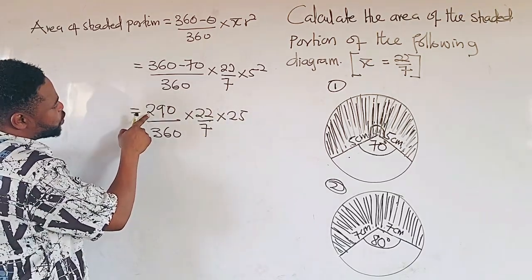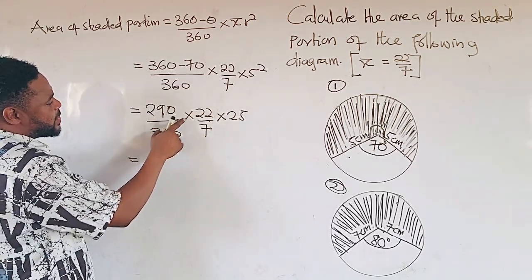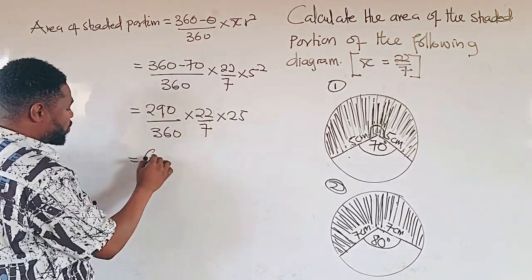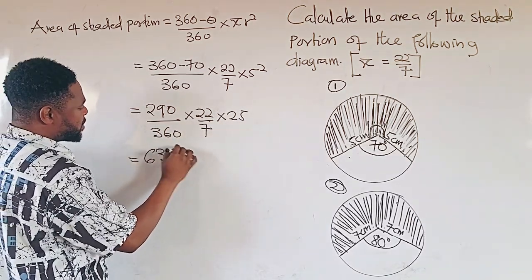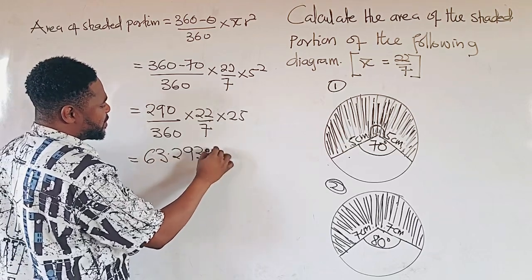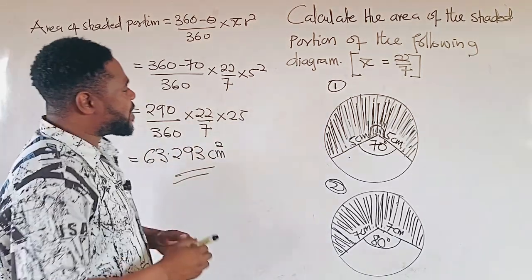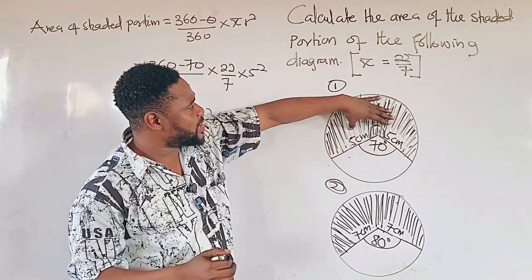Viewers, 290 divided by 360 times 22 over 7 times 25 will give us 63.293 centimeter squared. Viewers, this is how we can find the area of the shaded portion.